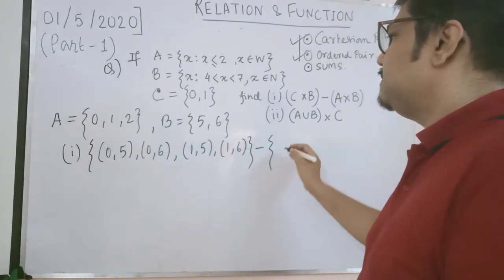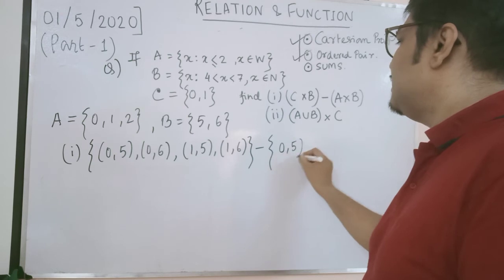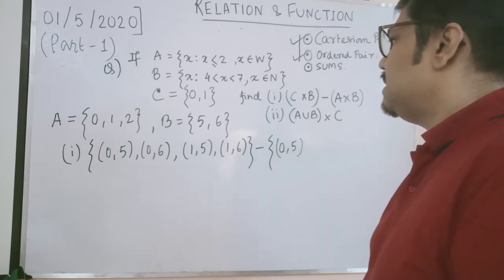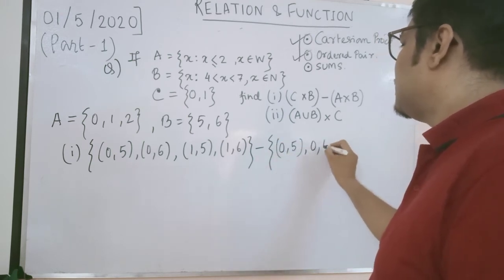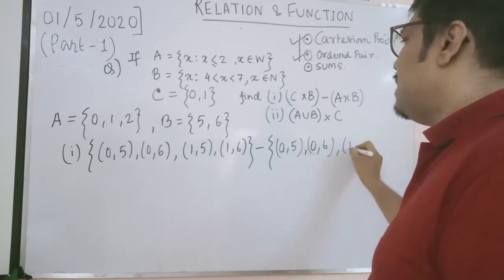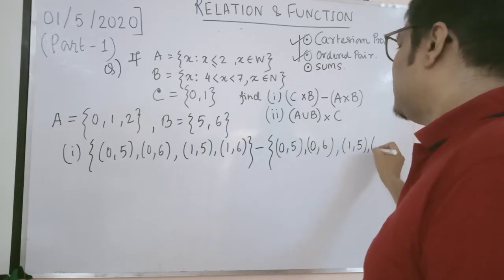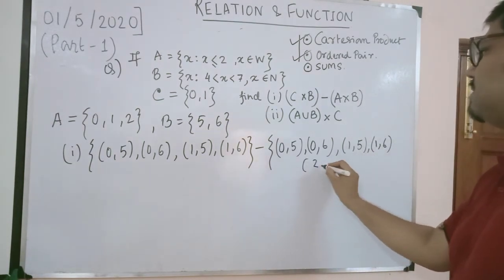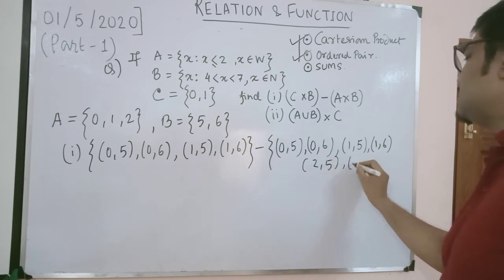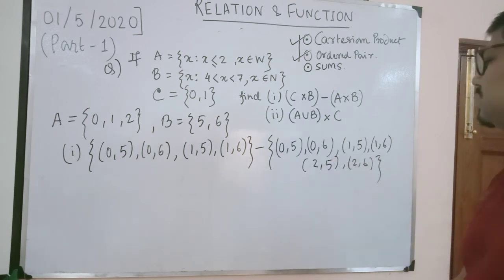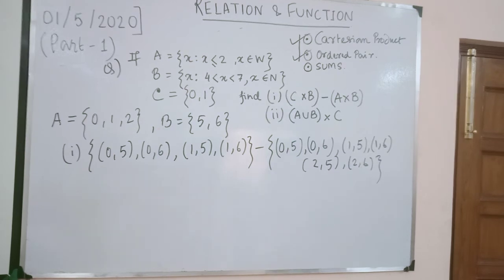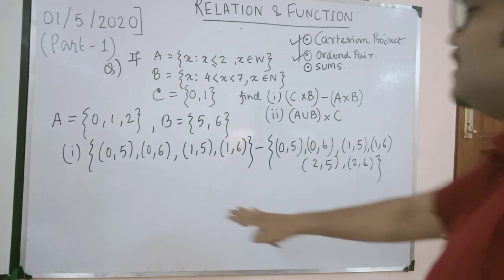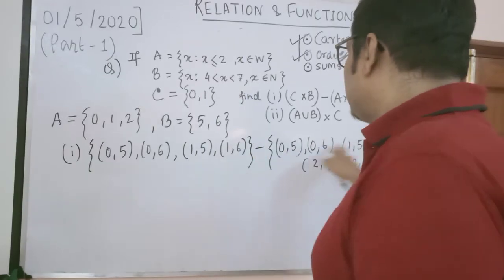A cross B, A to be kept in the first position. So that means 0, 5, 0, 6, then 1, 5, then 1, 6, then 2, 5 and 2, 6. These are the ordered pairs we got. When we subtract, we observe that all the elements over here are already present over here.